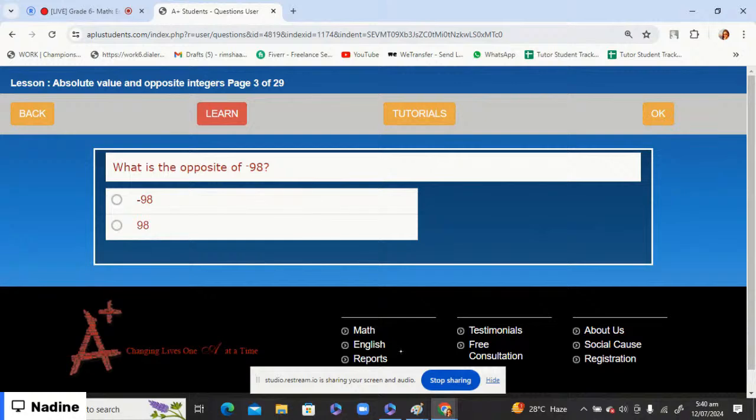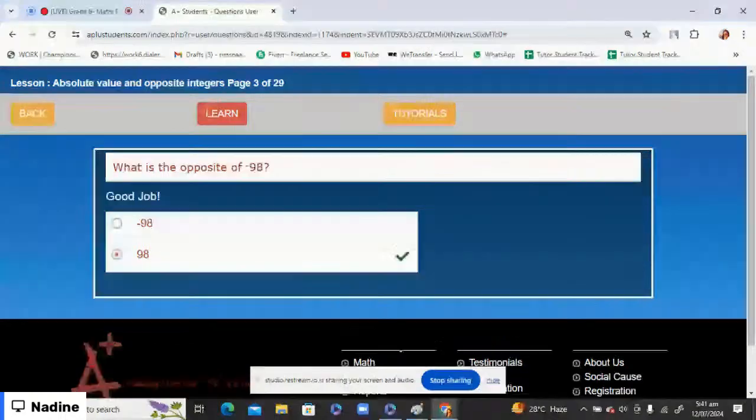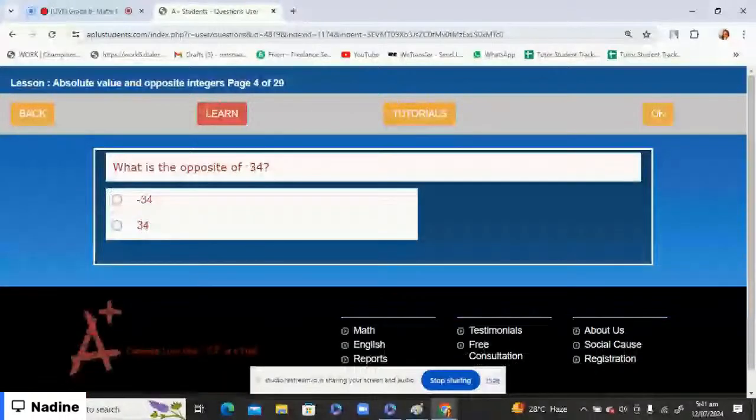Okay. What is the opposite of 98? Now here it's in negative form. You guys tell me. It's negative, so it can be turned into what? It's positive 98. Very good. So what's the opposite of minus 34? Check it out, everyone.